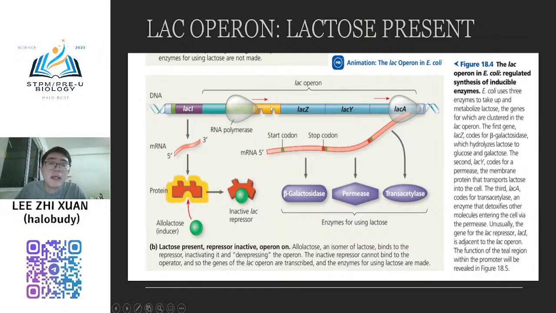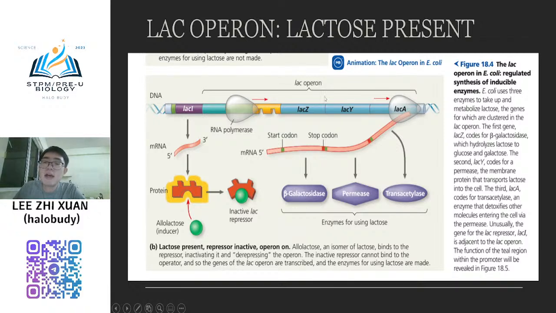So the operator is not bound by the repressor protein, so the operator is totally free. Our RNA polymerase can bind to the promoter region, and then the transcription process will occur.